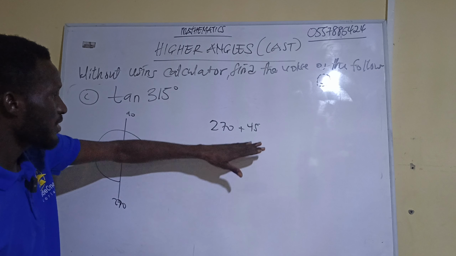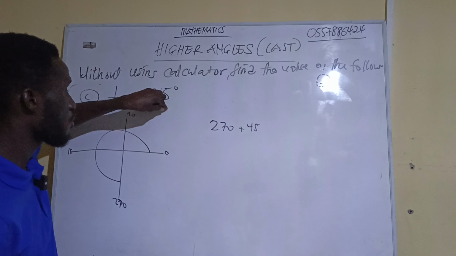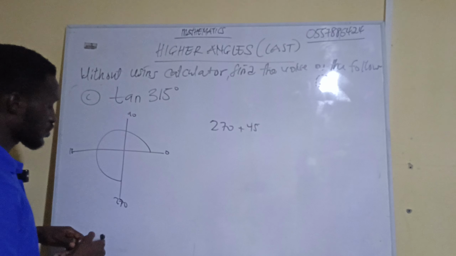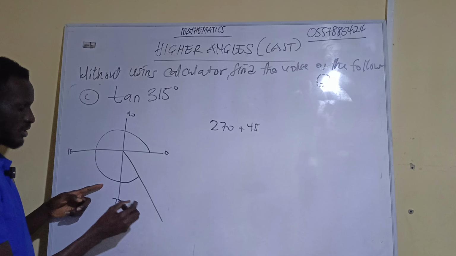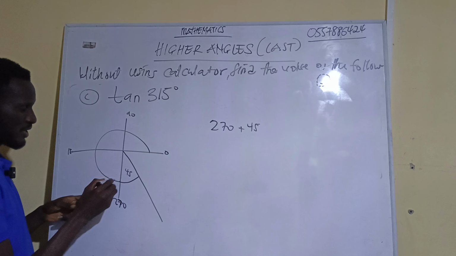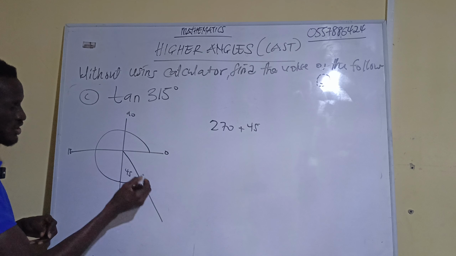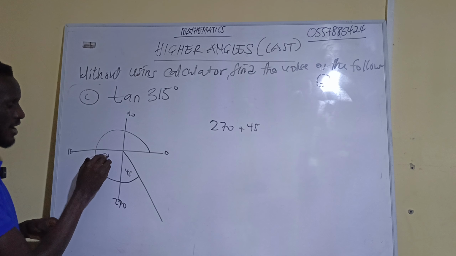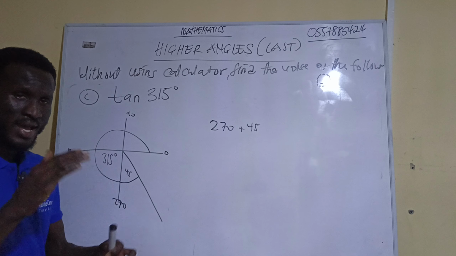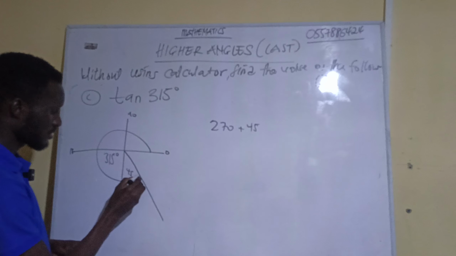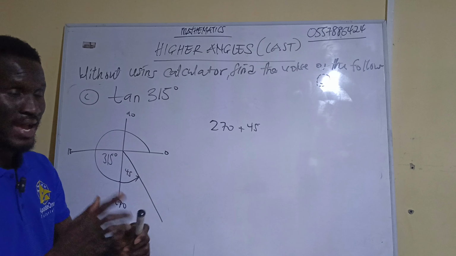It means when you add 45 to 270, I'm going to get 315. So let's say 45 will be from here up to here, and from here up to here is supposed to give us 315 degrees. Now, where is the angle along the x-axis?